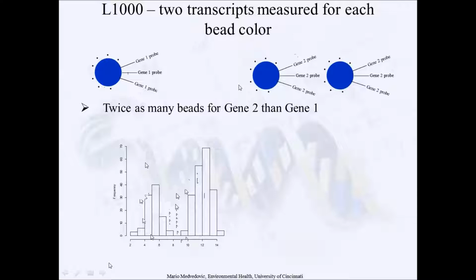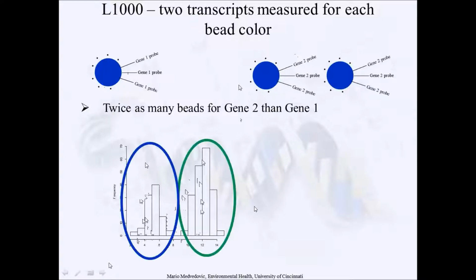Because one population has twice as many measurements as the other, we would be able to assign measurements from this population to gene 2, because it has twice as many beads. We know that we threw in twice as many beads for gene 2 as we did for gene 1, and then these would be assigned to gene 1.